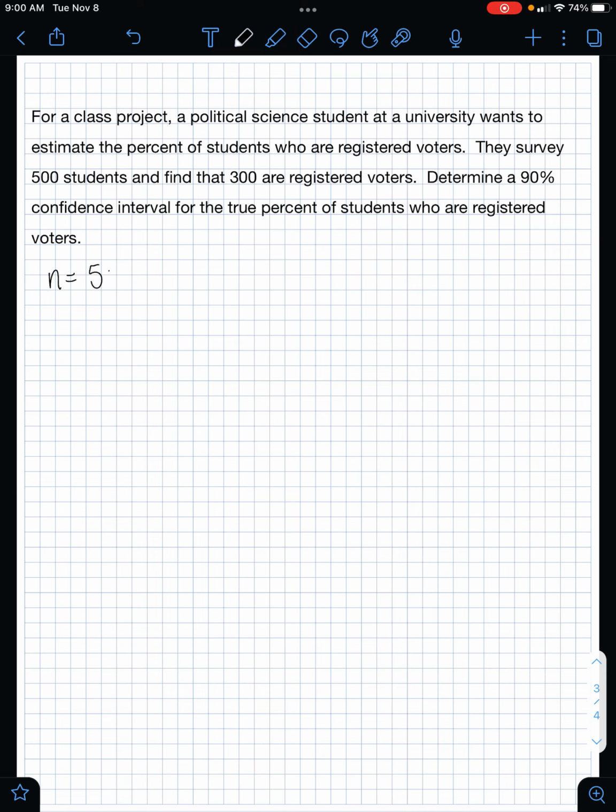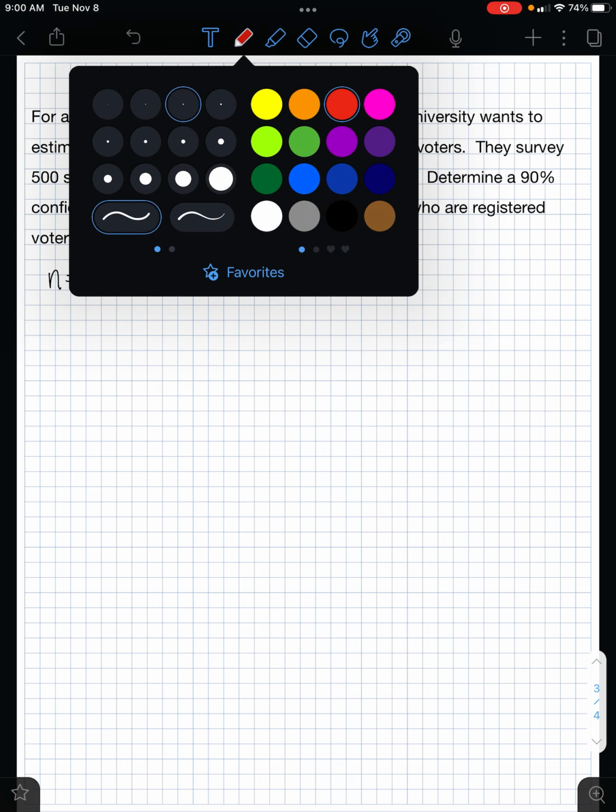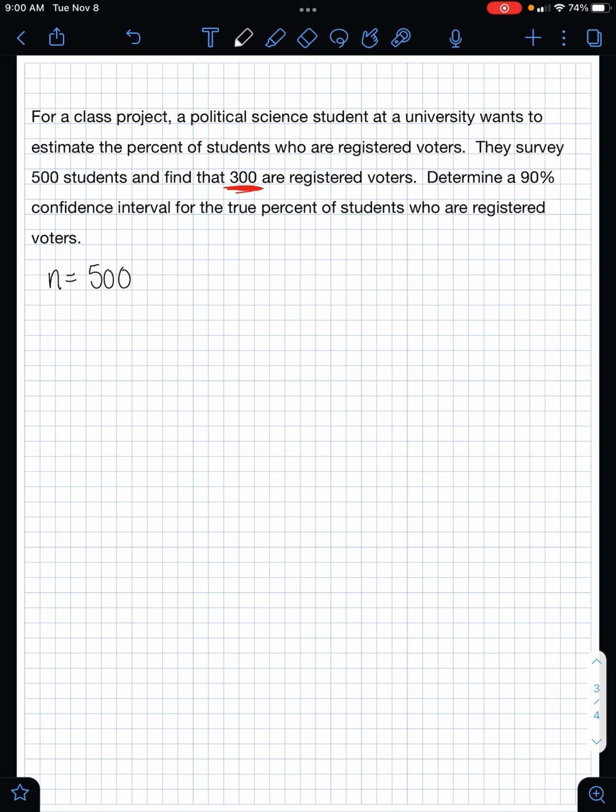Our sample size is 500. 300 is the number of successes in our 500 surveyed people.